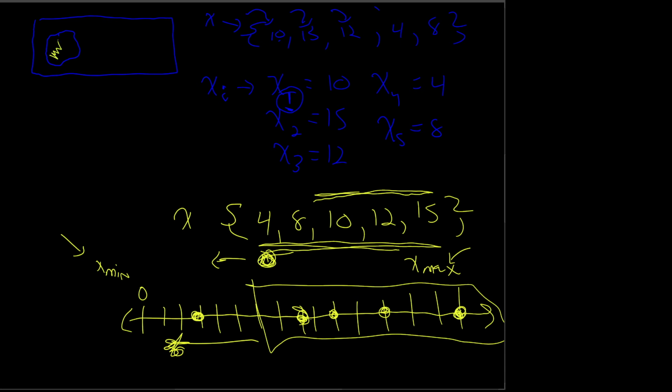I grabbed 5 samples, so I'll tend to talk about n equals 5. Means I grabbed 5 samples, and the minimum was 4, and the maximum was 15.